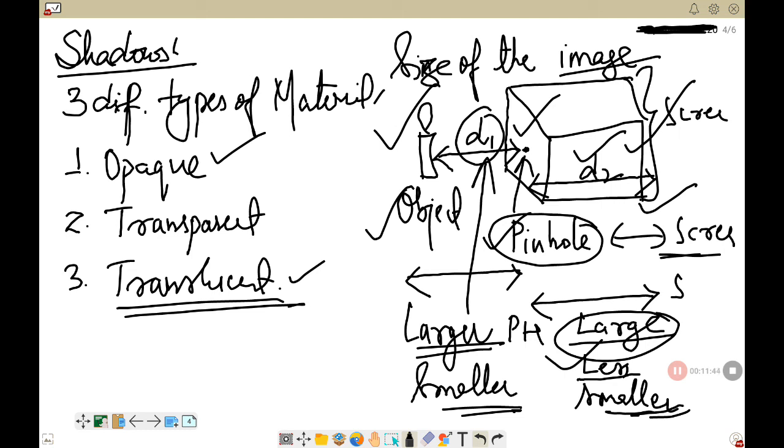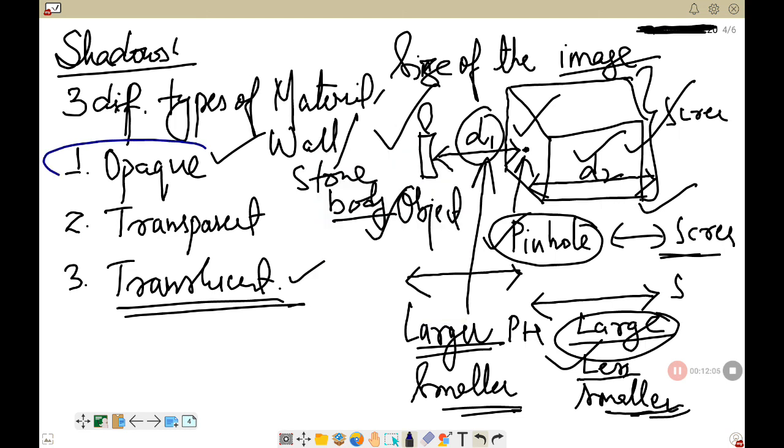Light does not pass through them. For example, the school building, the wall, stone, isn't it? Our body. Does our body allow light to pass through us? Light does not pass through our body, right? So those substances or materials through which light cannot pass are called opaque. So what do we call them? We call them opaque.